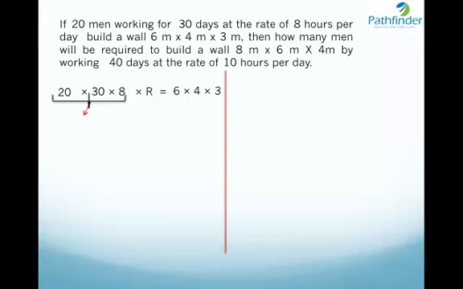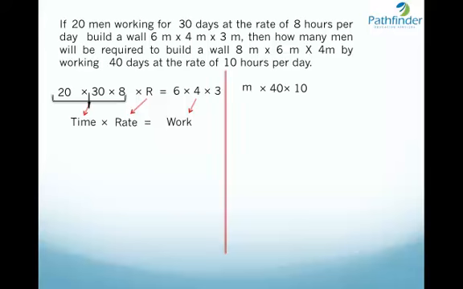So we see work equivalence at work. So 20 into 30 into 8 gives you man hours, that is the time. Then R is the rate, and the output this time is in volume, which is equal to the work. We can also write a similar work equivalence equation for the second case, m into 40 into 10.